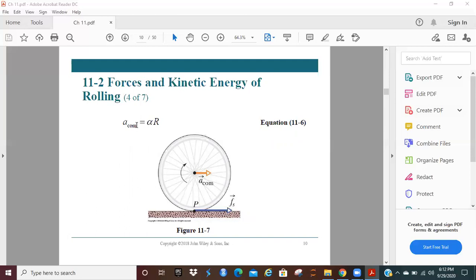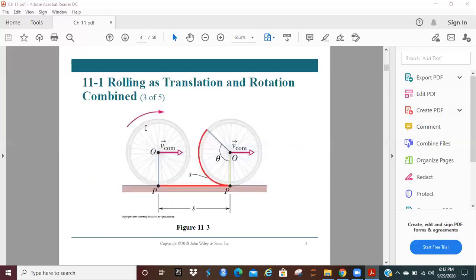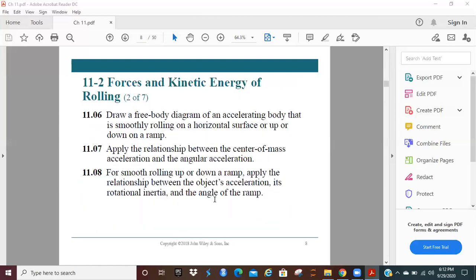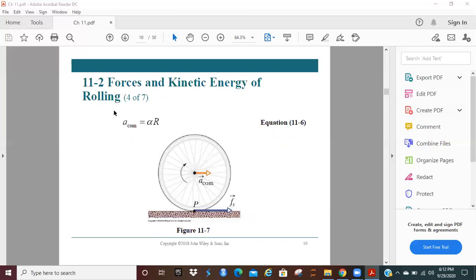Just like what we had before, where we had the length and the velocity proportional to the radius by the angle and then the angular velocity, here the acceleration of the center of mass is equal to the angular acceleration times the radius.